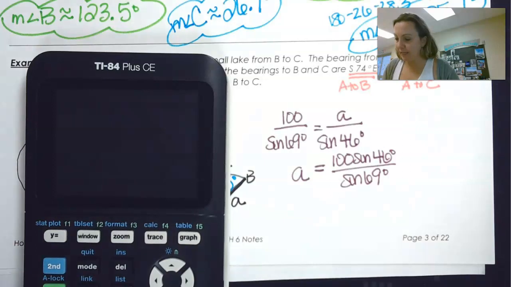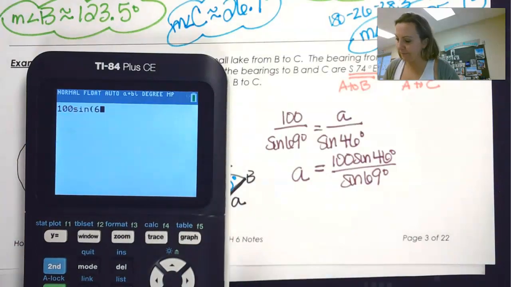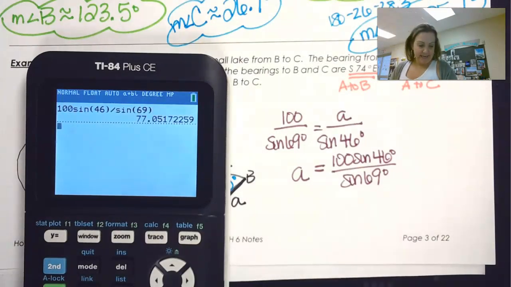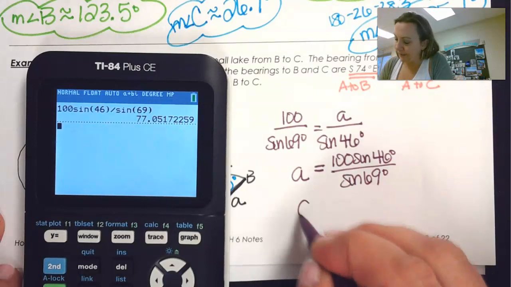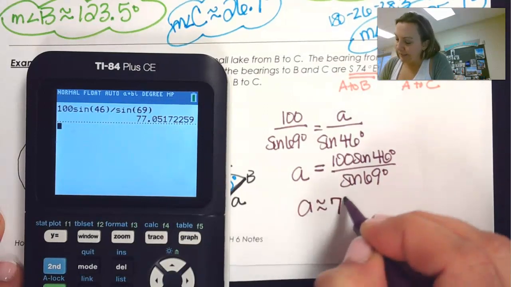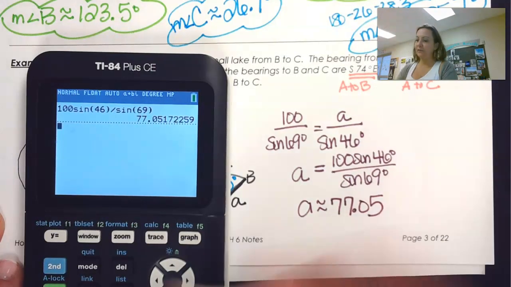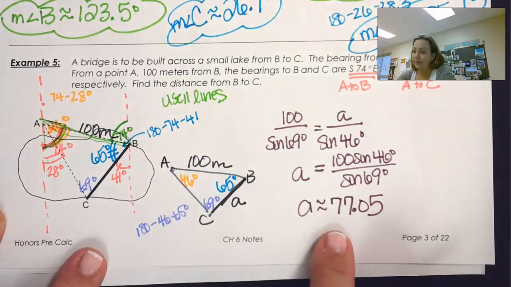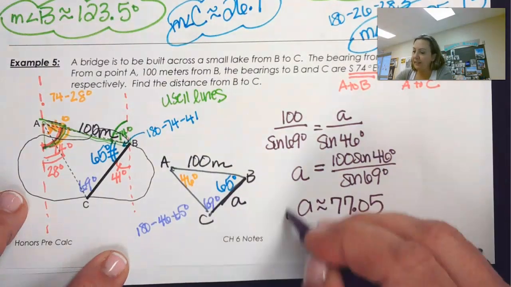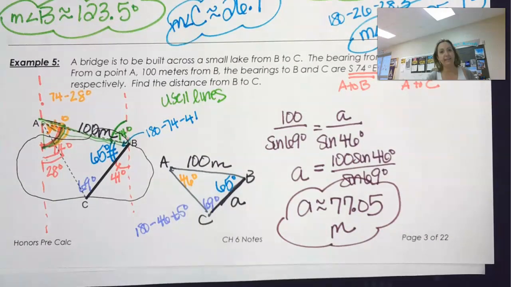And I can just punch that right in the calculator. And I can see that A is going to be about 77.05. The unit we were dealing with is meters, and so we are all set there.